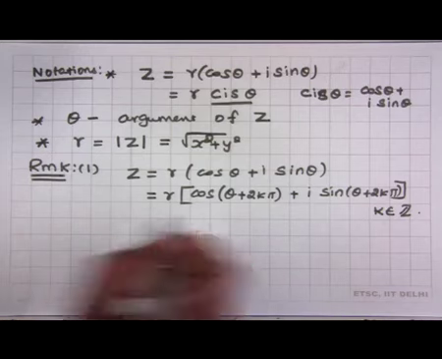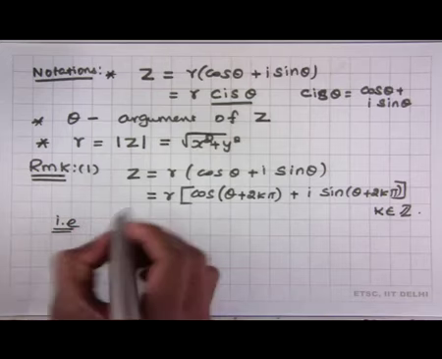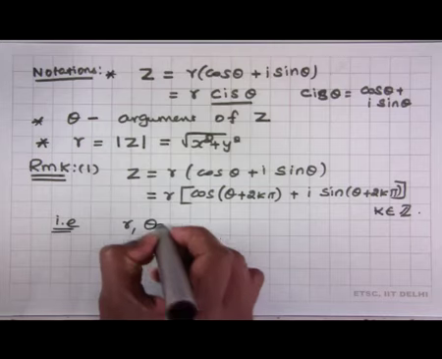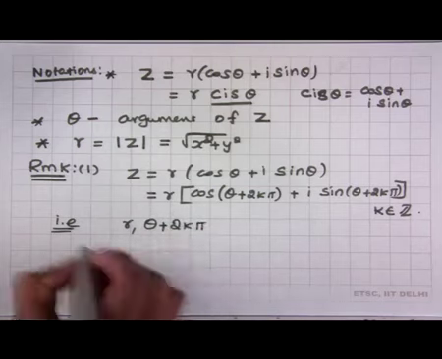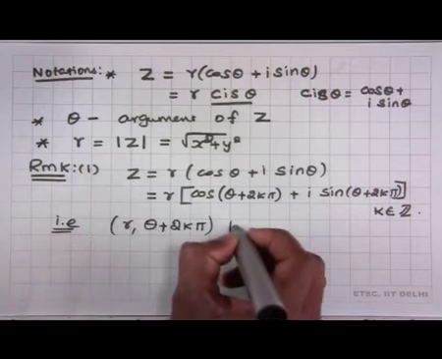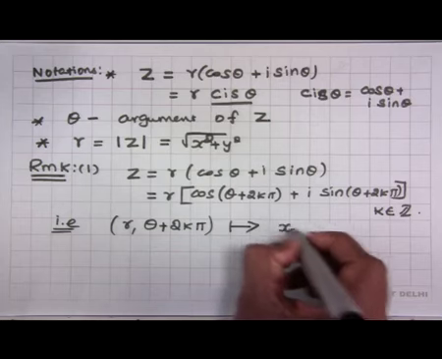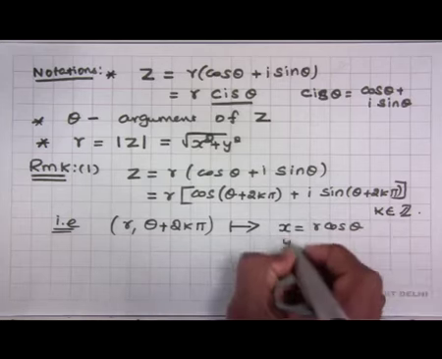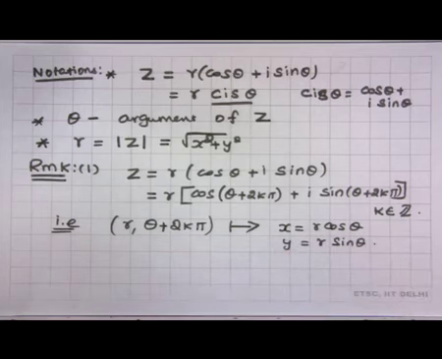It means that when I take (r, theta), or if I take theta plus 2k pi, they map to one element, which is x equals r cos theta and y equals r sin theta.